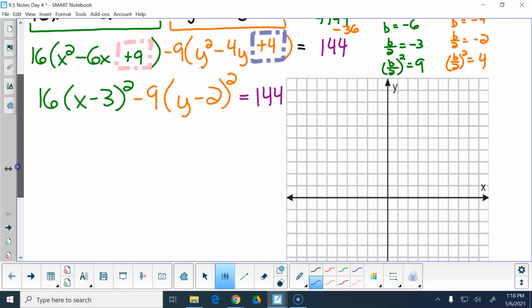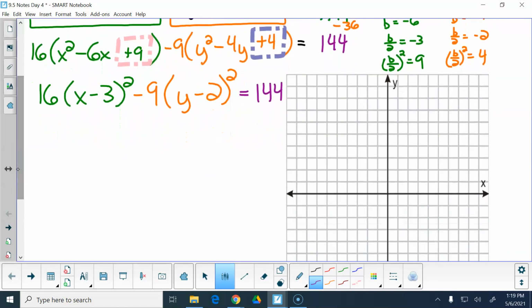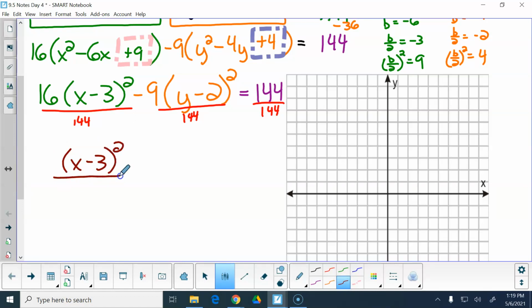So I got to divide all the parts here by 144. So my equation is x minus 3 quantity squared divided by 9 minus y minus 2 quantity squared divided by 16 is equal to 1.